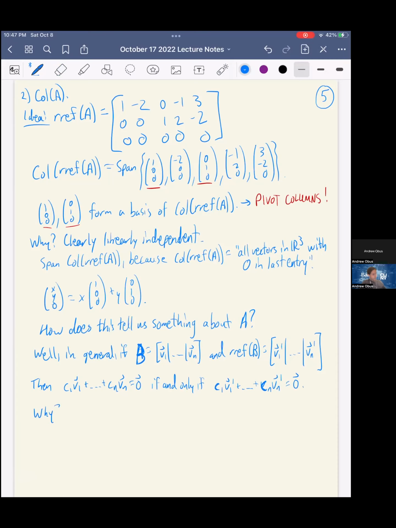And why? Well, it's because in both cases, the vector (c1, up through cn) is a solution to Bx equals 0, or row-reduced echelon form of B times x equals 0.